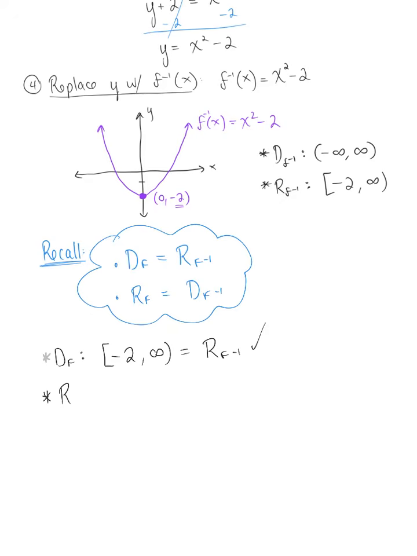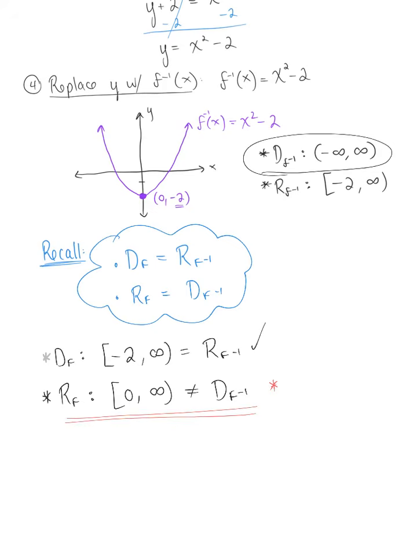And then when we think about the range of the original function, recall that that was all real numbers greater than or equal to 0, which does not equal the domain of our inverse. So we want to fix this by adding a domain restriction to our inverse function.